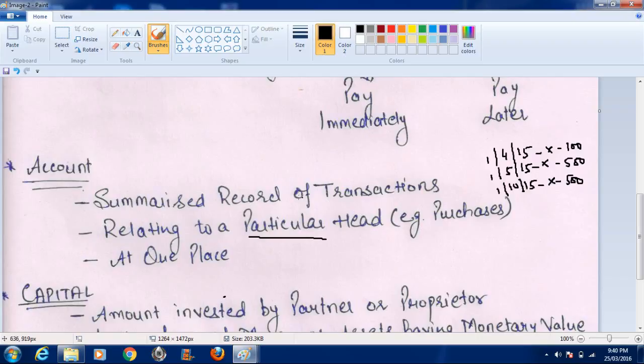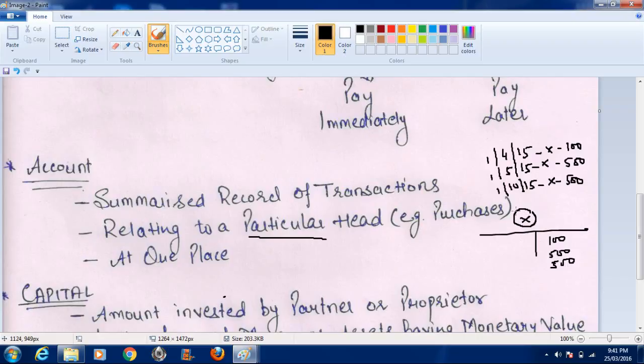Now, what is an account? I will maintain an account of X where I will record all the transactions at one place. I will record 100, 500, 500, all the transactions at one place in the account of X. Now, what is the head?